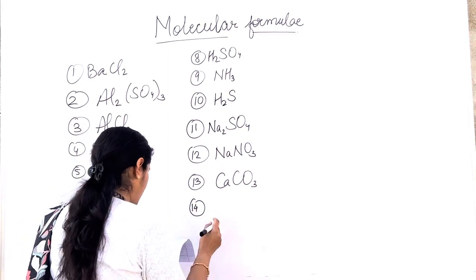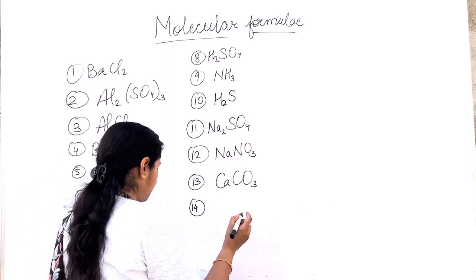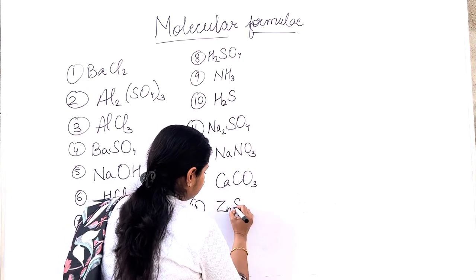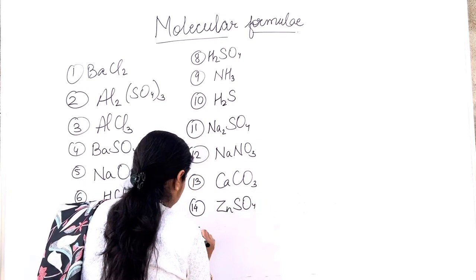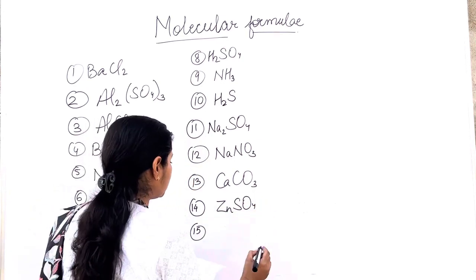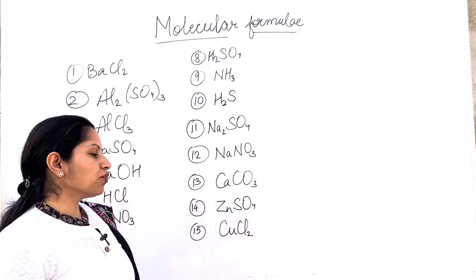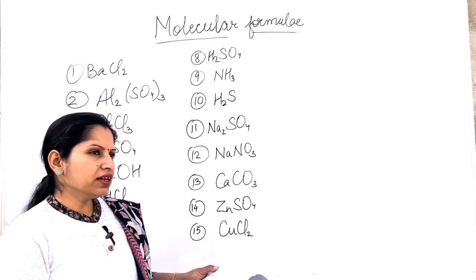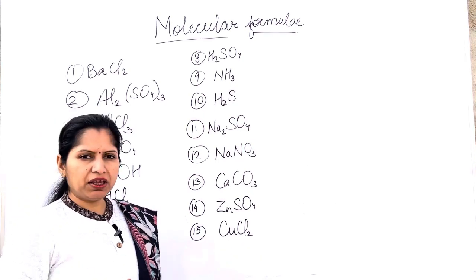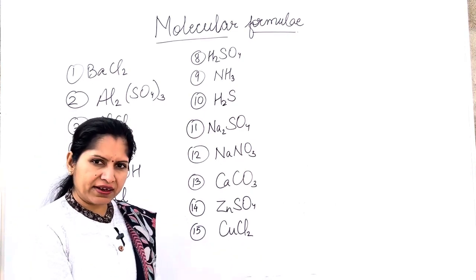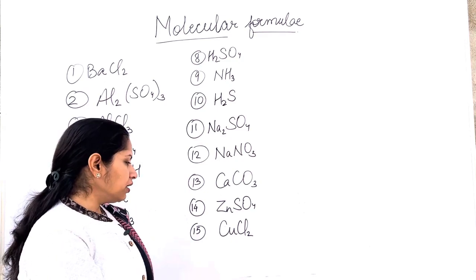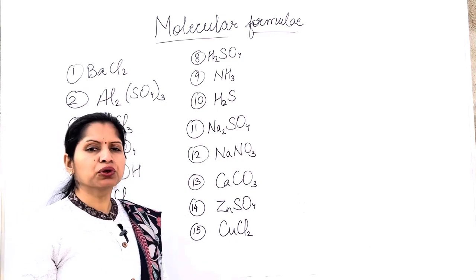Now we have zinc sulfate. Then we have copper chloride. Here the valency of copper is 2. In such questions, we commonly write copper chloride as CuCl2, but you might be given copper(II) chloride.